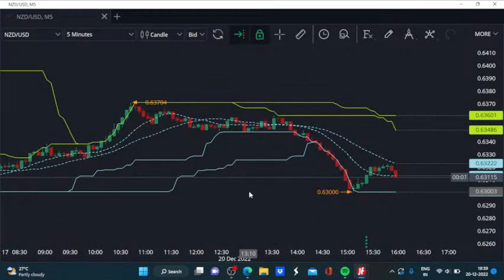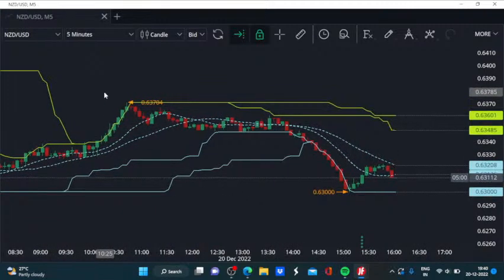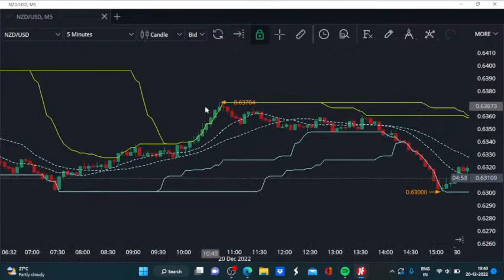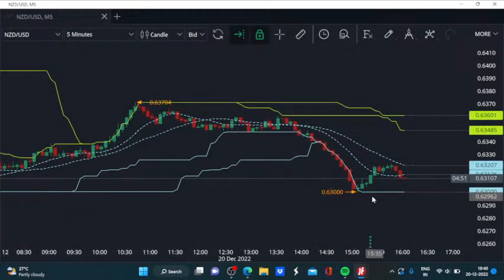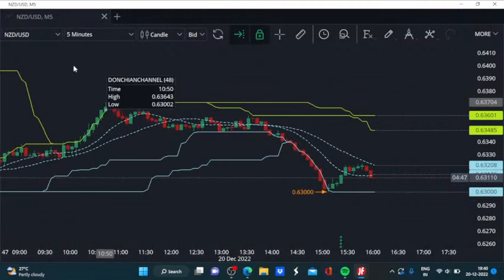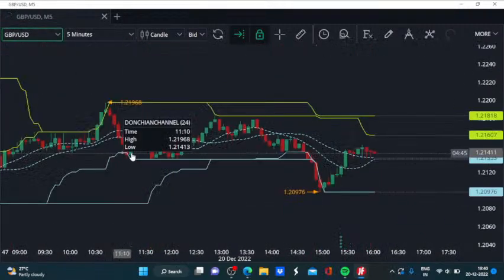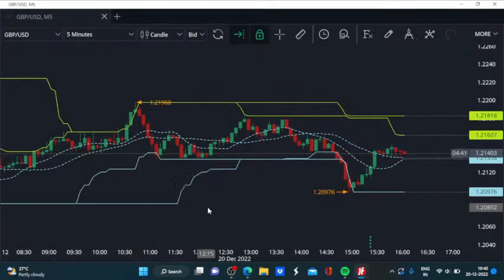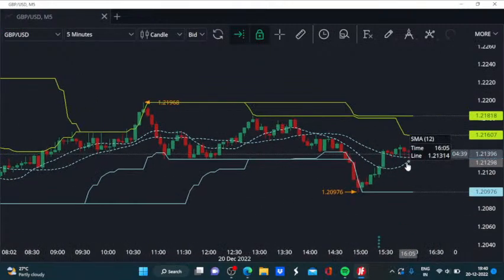Now, if we look at the NZD/USD, here the NZD/USD is also holding a similar price trajectory, but it is almost close to the day's low, which is not really the case for the euro and even for the GBP. The immediate swing low is not that close, and it is holding well comparatively speaking.